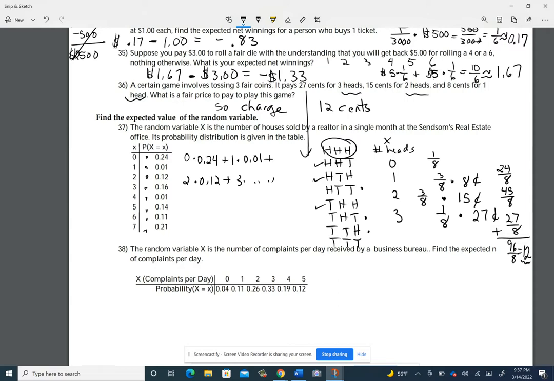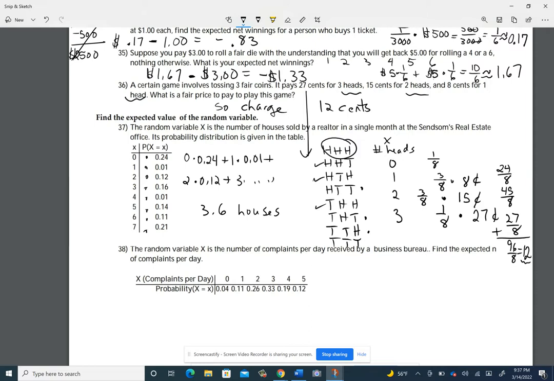And I wound up with 3.6. So the expected value for the number of houses that would be sold by that realtor would be 3.6 houses, so about 4 houses.